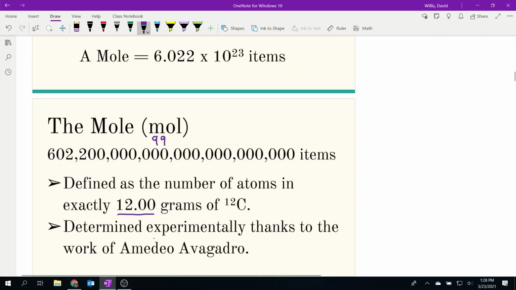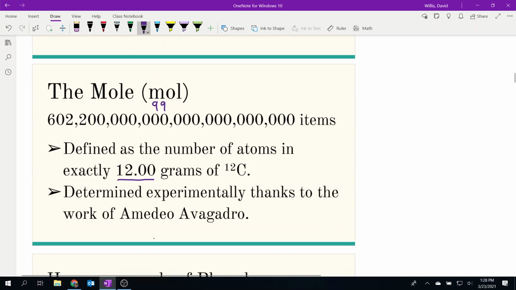So a mole, which is that many items, is defined as the number of atoms in exactly 12 grams of carbon-12. And that was determined experimentally thanks to Amedeo Avogadro, who's probably French, so pardon my French with that.